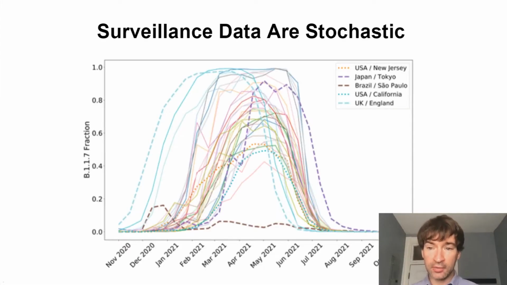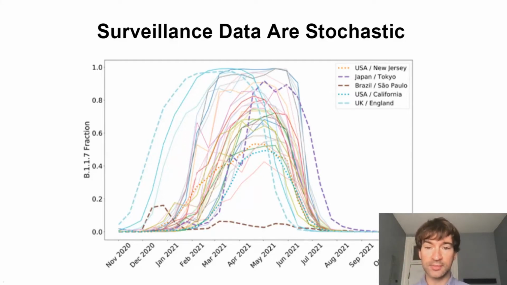If we zoom in a bit, the previous slide was global data, but if we zoom into smaller regions like, let's say, New Jersey or Japan, then we start to see that the data are actually quite stochastic, right? 13 million samples is a lot, but it's still only a small fraction of the total number of people that actually got COVID. And so there are a lot of SARS-CoV-2 genomes that we never observe.